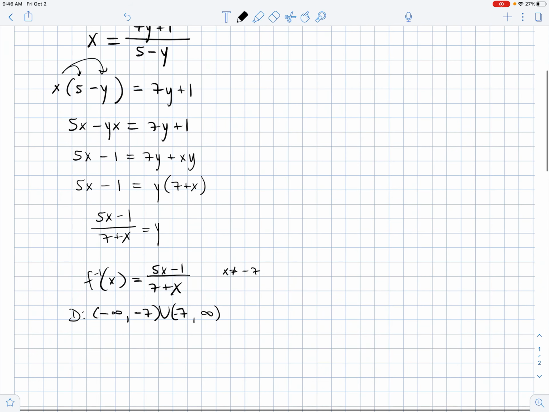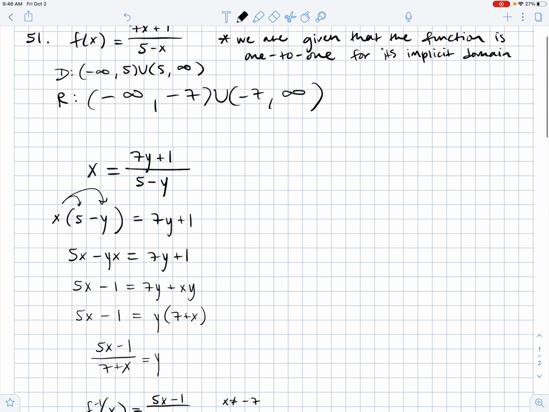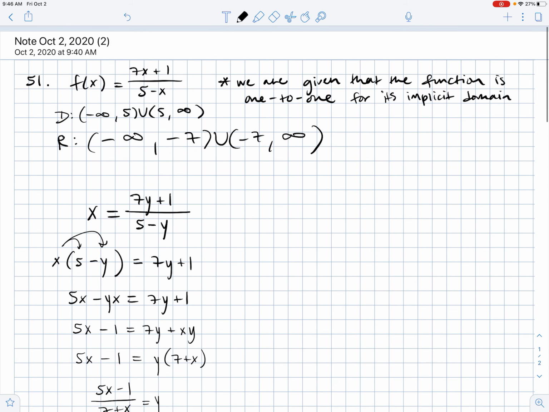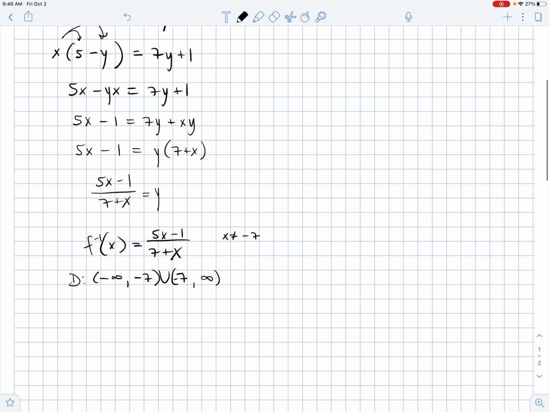So we're just excluding negative 7. And notice that matched what the range is that I already wrote. And since the domain of f of x was all real numbers except 5, I know that's going to be the range of f inverse.